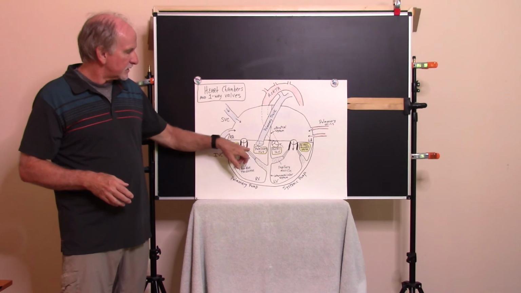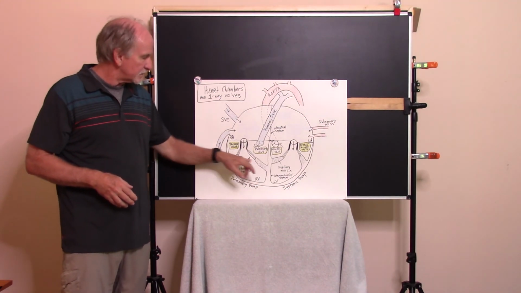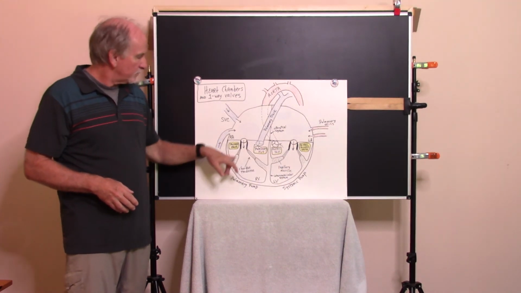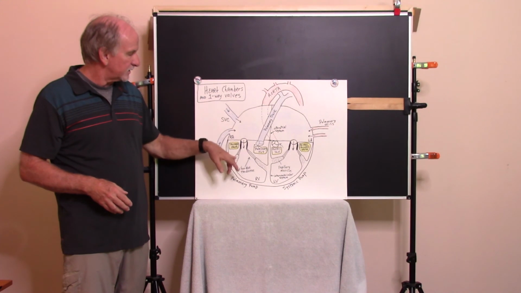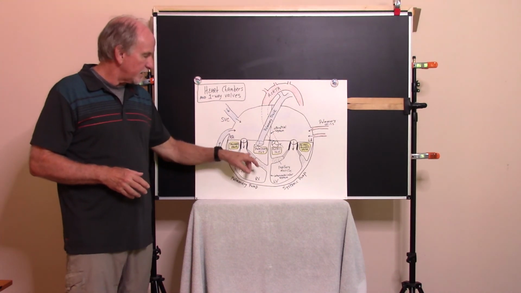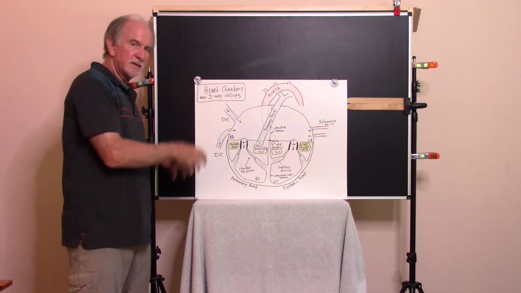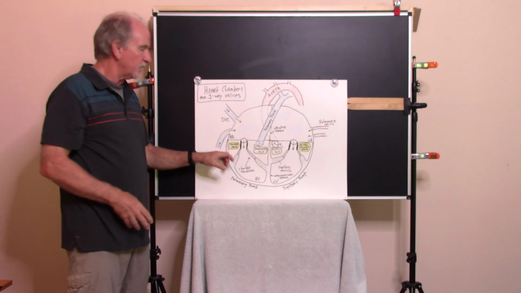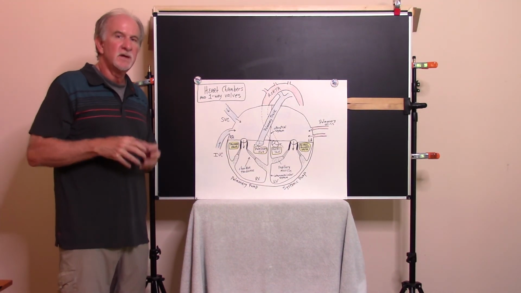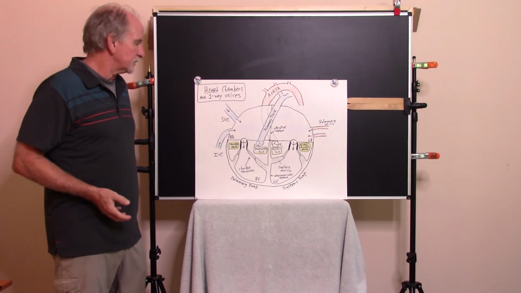The edges of the flaps are attached to columns of cardiac muscle known as papillary muscles by way of fibrous connective tissue strings called the chordae tendineae. So the edges of the flaps by way of the chordae tendineae are attached to the tops of the papillary muscles. And the papillary muscles are columns of cardiac muscle coming off the ventricular walls.